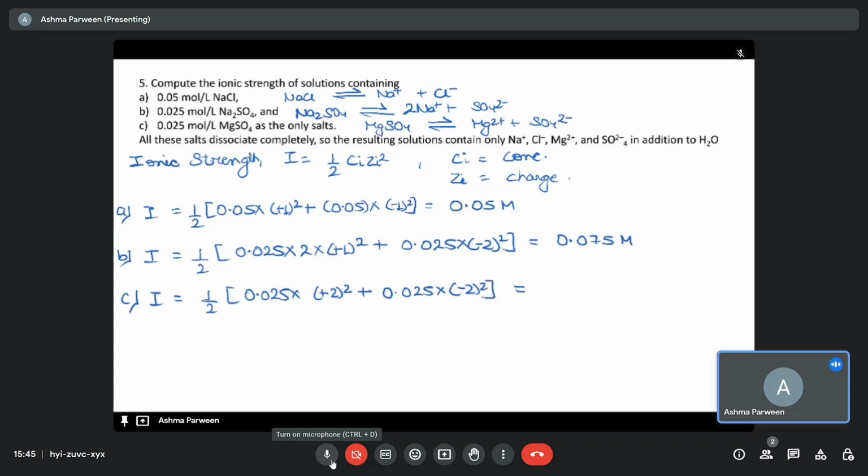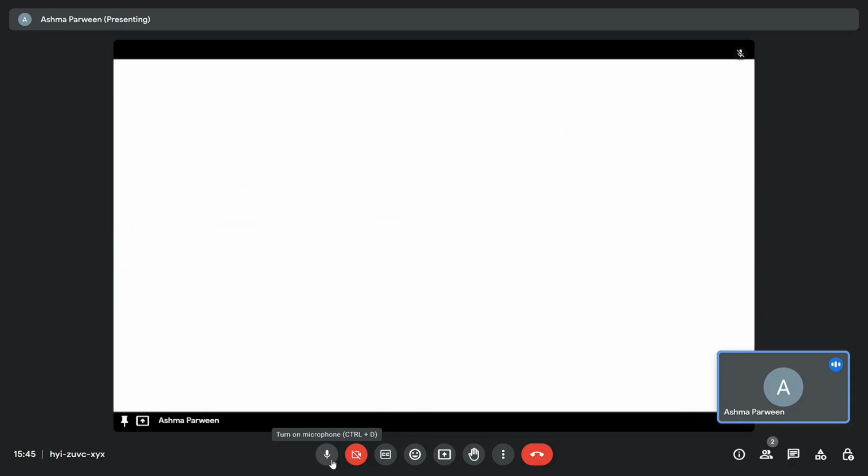So it is coming out to be 0.1 molar. So this is a simple question based on calculation of ionic strength. If you remember the formula for ionic strength, then we can simply find out the ionic strength. So let's move to the next question.